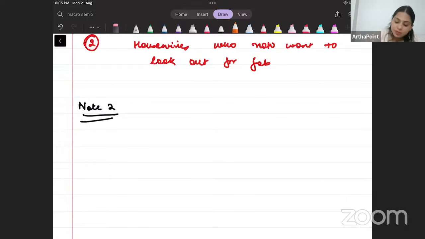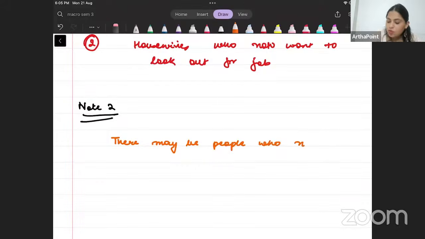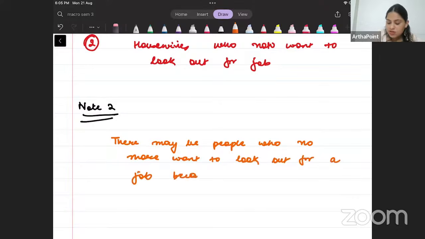So there may be people who no more want to look out for a job because they no more have an incentive attached to it.